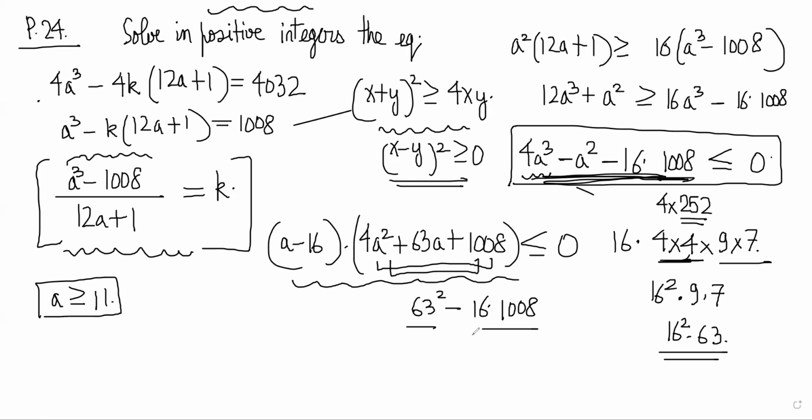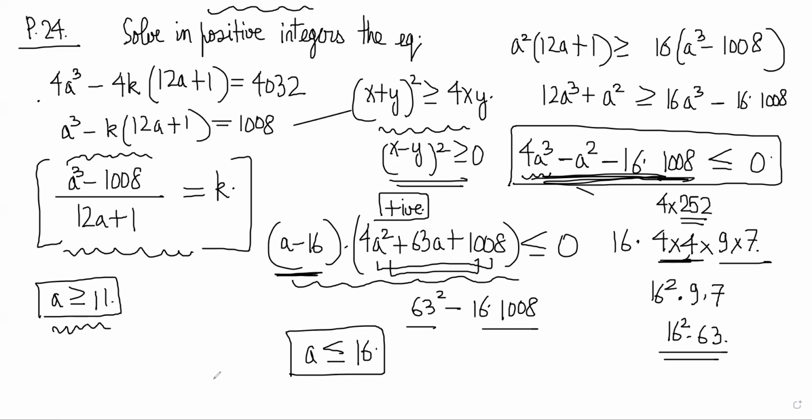So this is always going to be positive, so that means this has to be negative, right? So now we are getting a good bound on a, 11 to 16, right? It can be 12 or 16, it's possible.